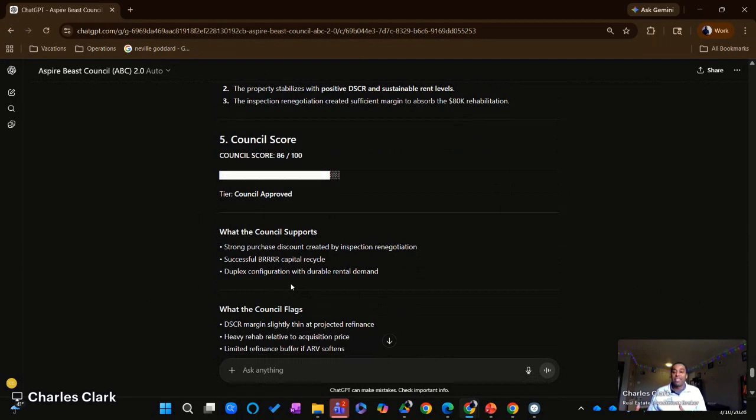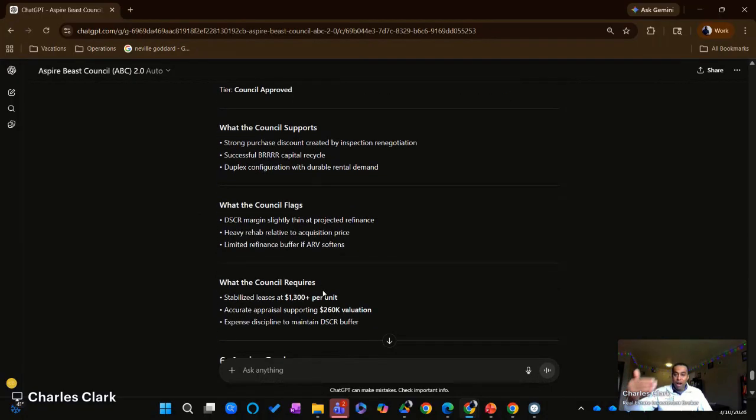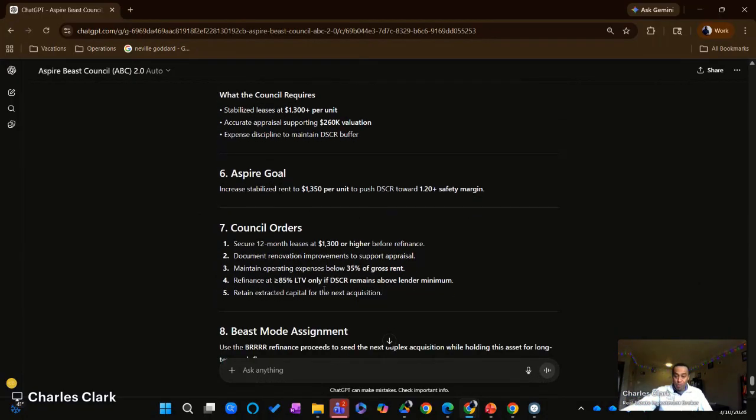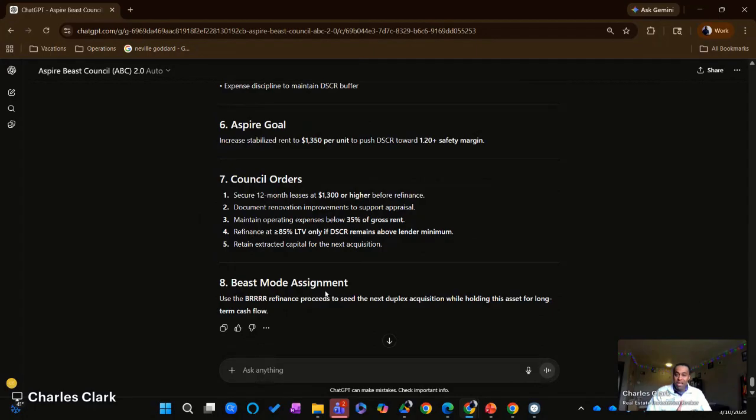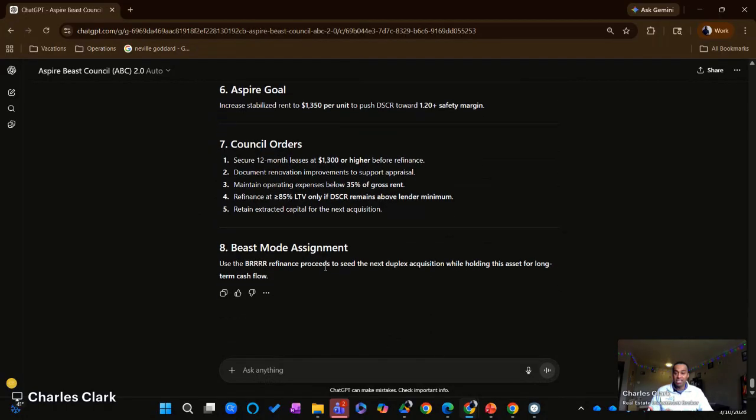Because you're kind of doing a fix and flip, but at the end of the day, your flip is back to you, right? You flipped it back to your ownership, and that now you're able to actually keep that property and get the rents and get your full money back. So it's almost like you almost bought a property free, right? because you got your initial down payment and now you have this asset that is actually bringing you cash. So that is the best of both worlds in this situation.